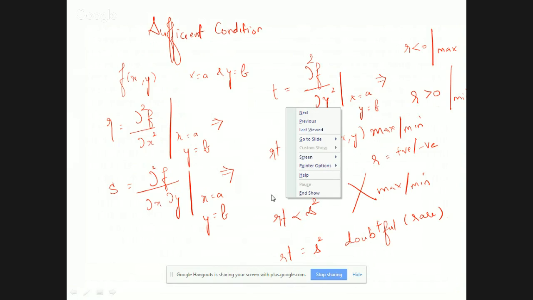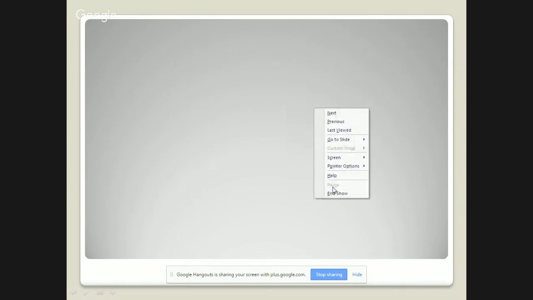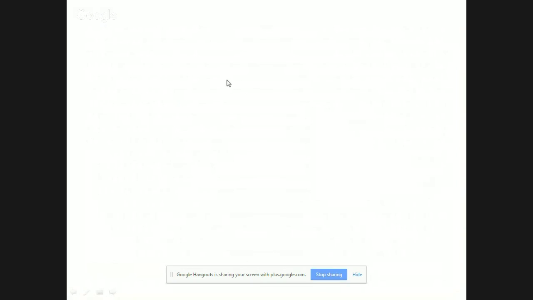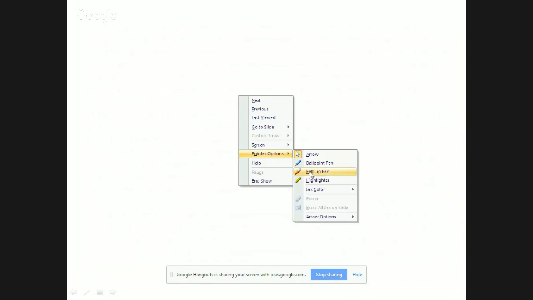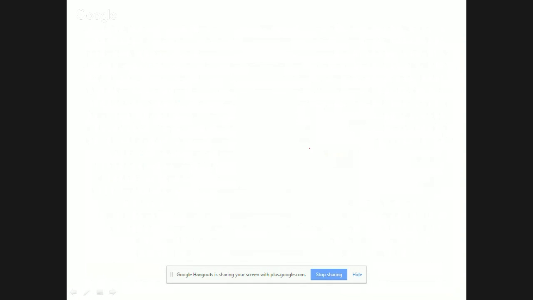So let me bring you the synopsis of whatever we have discussed. How to find maxima minima? First, you take the function f of x comma y, then you find f dash of x comma y, and then you equate it to 0. You solve the equation, and you will get the roots.